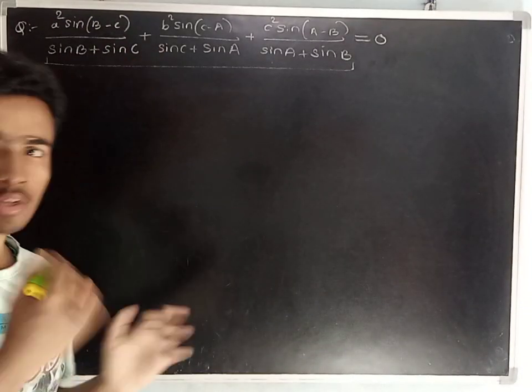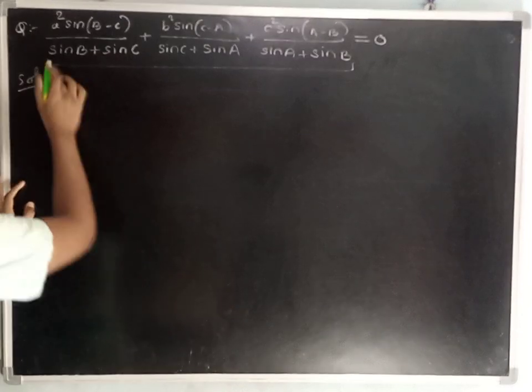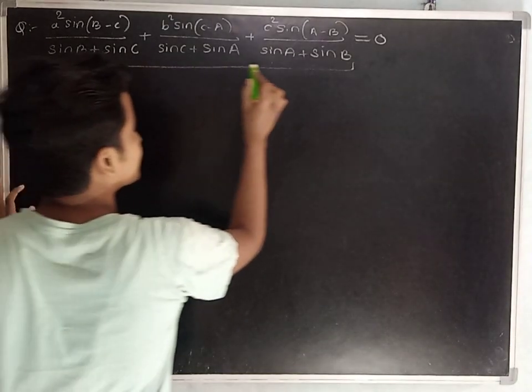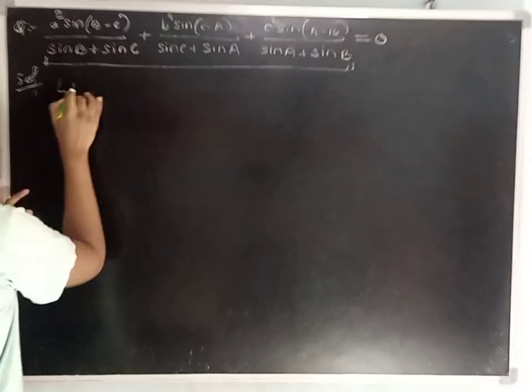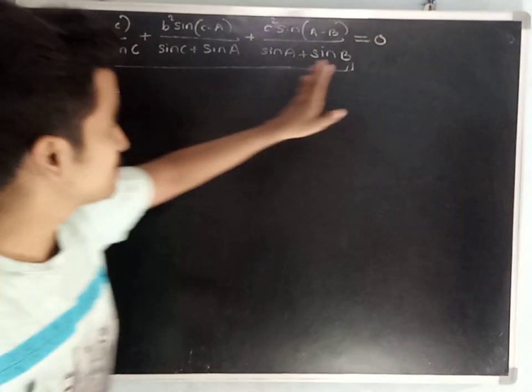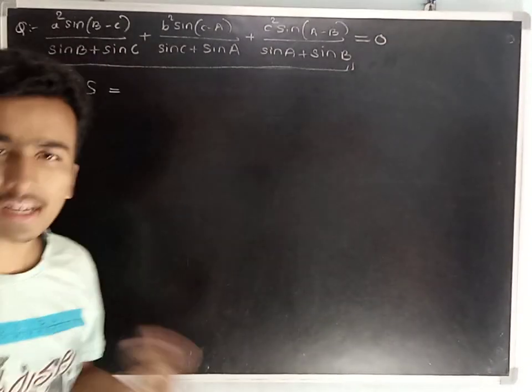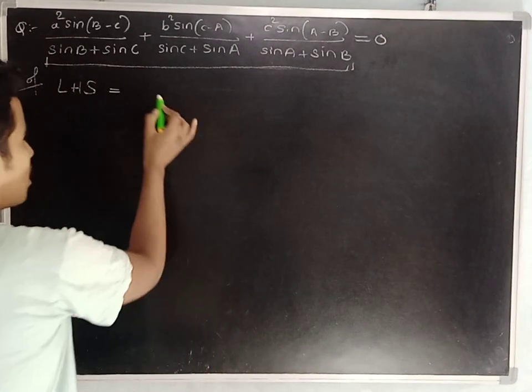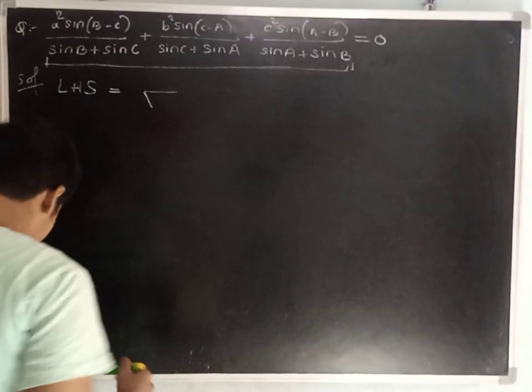Similarly, in this question we are going to apply the notations. See this whole term, this whole LHS. Writing the LHS again, all these terms will be very lengthy, so I am going to apply the notation.